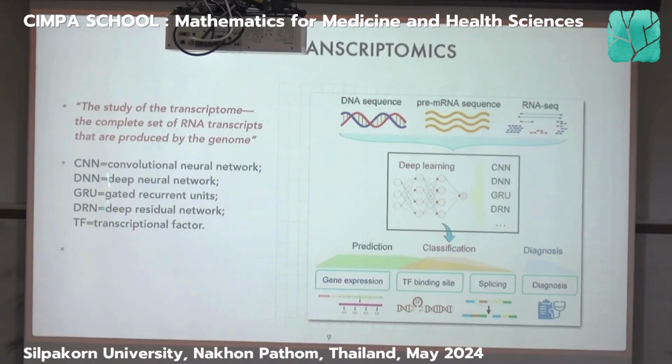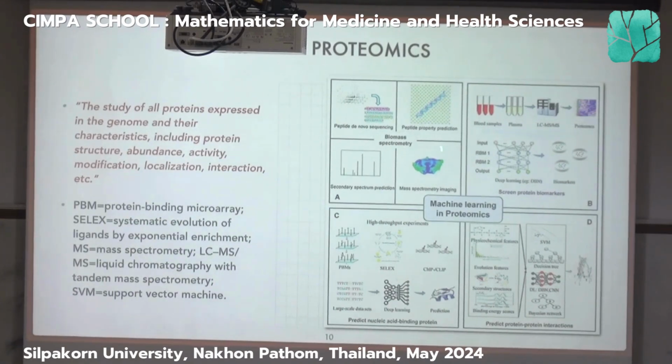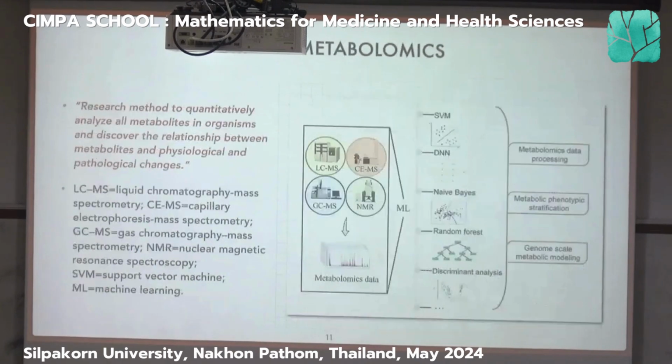And then convolutional neural networks, GRUs, these are neural networks, just a time series, residual network, etc. So you see there are many, many uses of machine learning for transcriptomics. For proteomics, you just do the study of the proteins. Okay, there's also a lot of work being done on proteomic data using different types of machine learning. It's very, very big, what's being done.